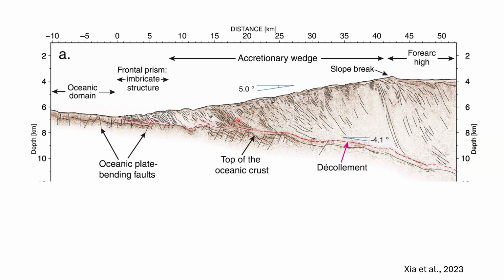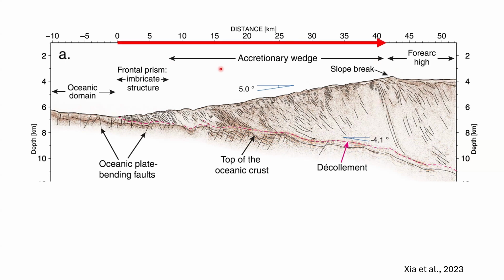Basically, this is a big thrust belt that is continually expanding seaward as more material is being added down at the base, continually being smashed up to form the outer arc ridge or accretionary prism. Accretionary wedge or accretionary prism is all of this deformed material.